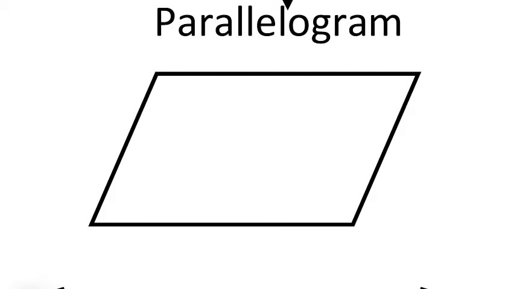What's special about a parallelogram is, one, it has two pair of opposite sides that are congruent. And apart from having two congruent sides, it also has two pair of parallel sides. So not only are they congruent, but they are also parallel.